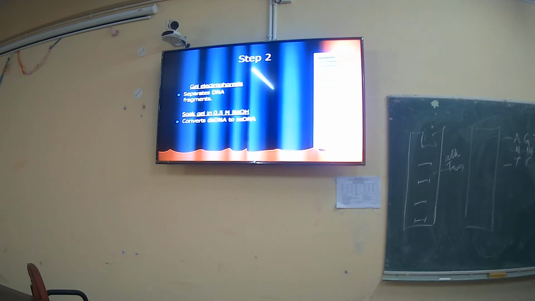There is something responsible for breaking down these hydrogen bonds, because only due to breaking of hydrogen bonds will the double stranded DNA convert into the single stranded form. So what is the basic mechanism behind the alkaline treatment that can convert this double stranded DNA to single stranded form? Anybody any idea?